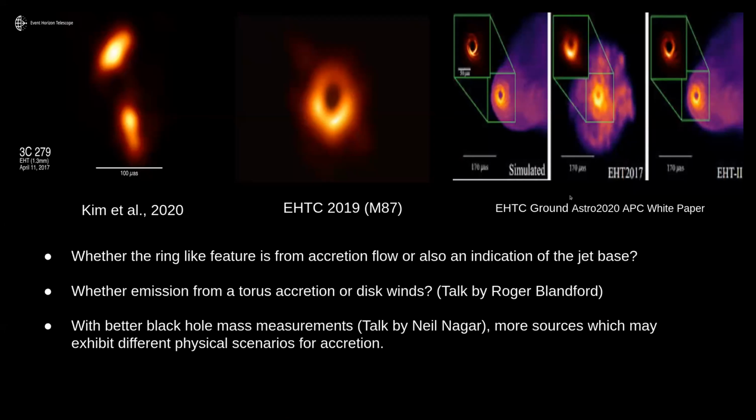So as a motivation, I would like to discuss some of the points that were raised during the entire conference: whether the ring-like feature that we see is from the accretion flow or whether it's an indication of the jet base for MAD7. And also we heard in Roger Blandford's talk whether the emission is from a torus accretion or it's a signature of disk wind.